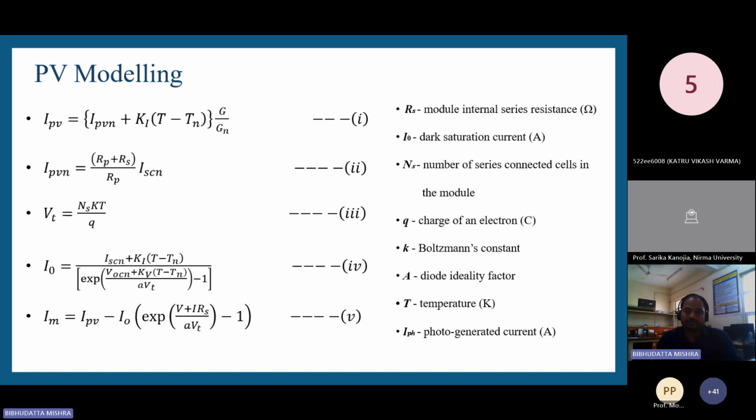So the first equation is for IPV, that is IPV nominal plus Ki delta T, that is T minus Tn, and G by Gn. All the parameters have already been mentioned. So first of all I will proceed to model a PV cell, and I appreciate all of you doing the same alongside me.